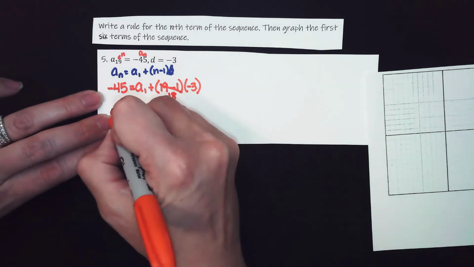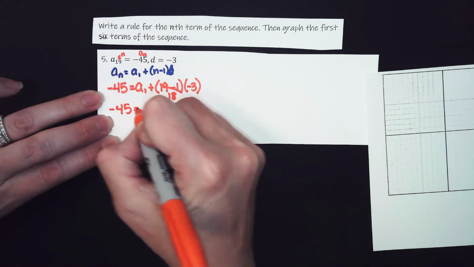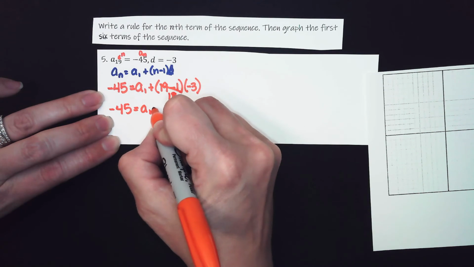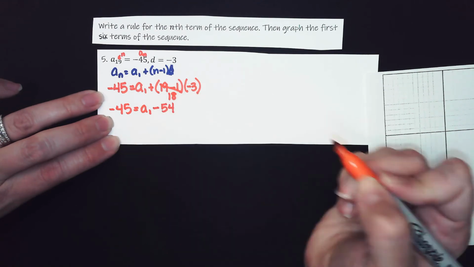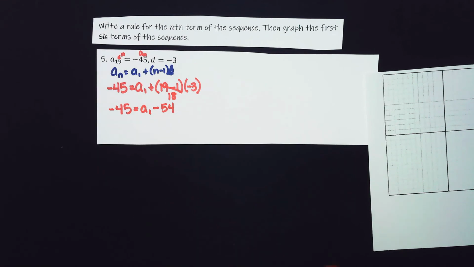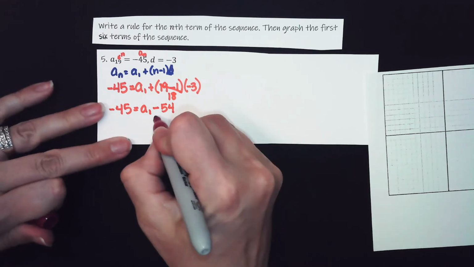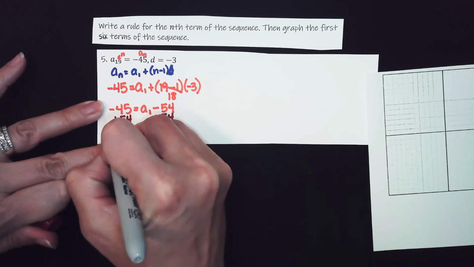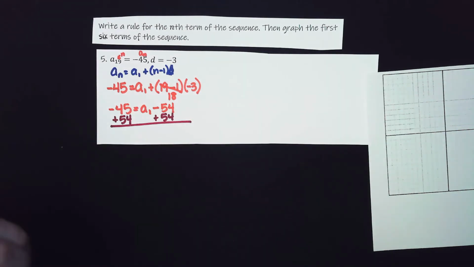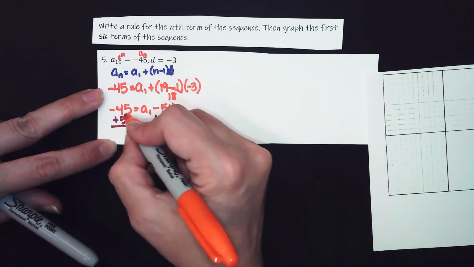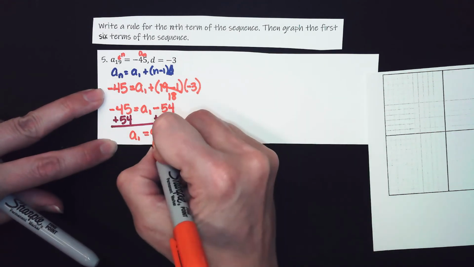So this gives me 18 times the -3. I end up with -45 equals A1, and that's going to be -54. To solve for A1, I'm going to add 54 to each side. I end up getting A1 equals -45 plus 54, which is 9.